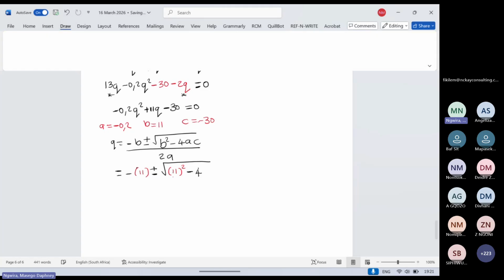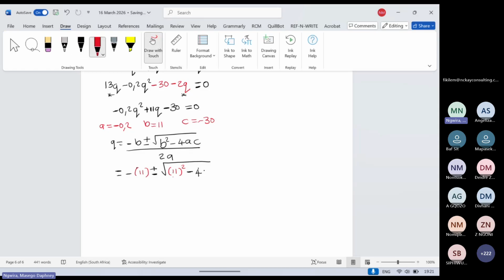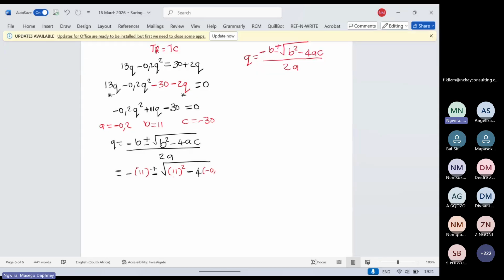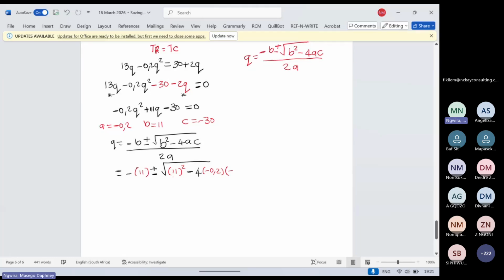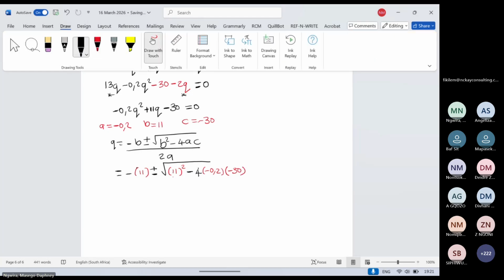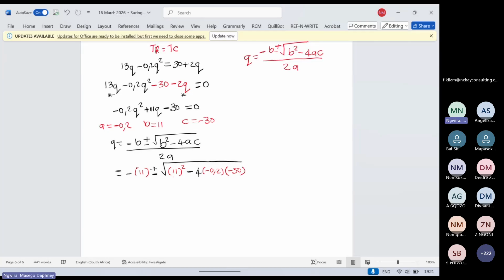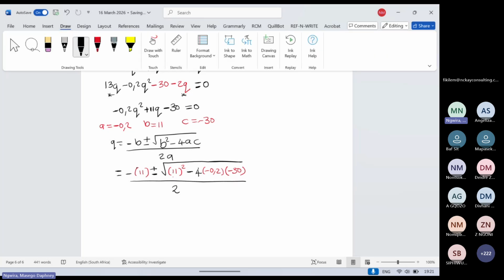Our A is negative 0.2, in a bracket again. Our C is negative 30. Everything is under the square root, and then over 2 times our A, negative 0.2.